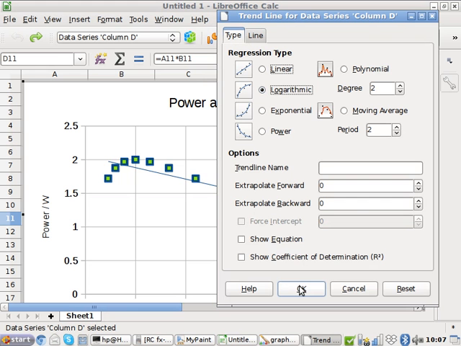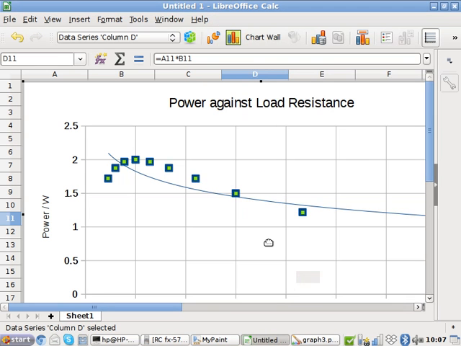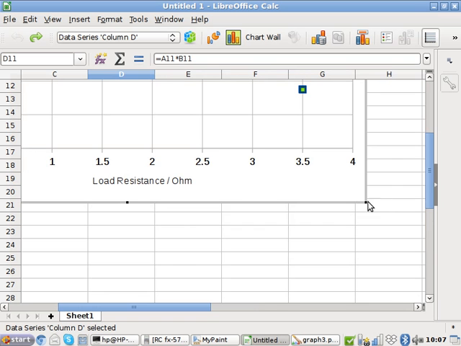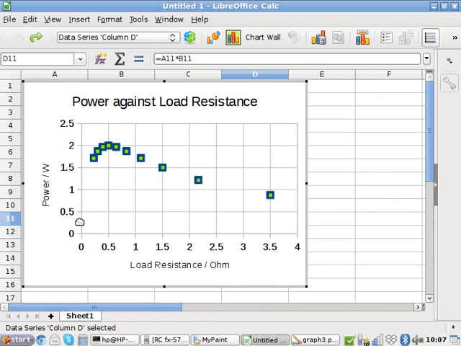Maybe it's this shape. Whatever. You can use your eyes to join the dots. So it goes up and then comes back down.